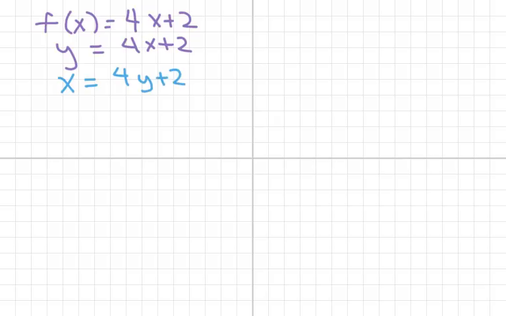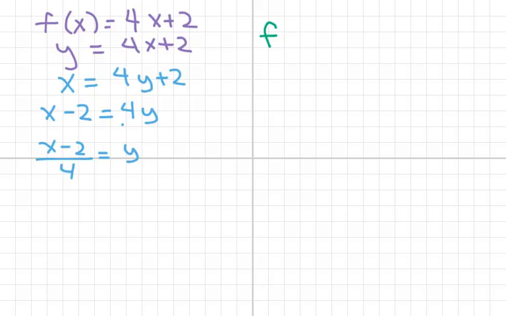So we're going to subtract 2 from both sides and divide both sides by 4, so we get x minus 2 over 4 equals y, which is f inverse. Okay, now we're supposed to check, so we compose f with f inverse, and compose f inverse with f.